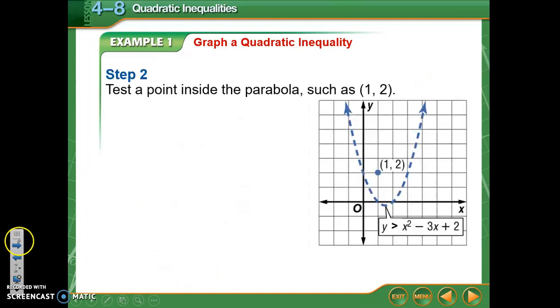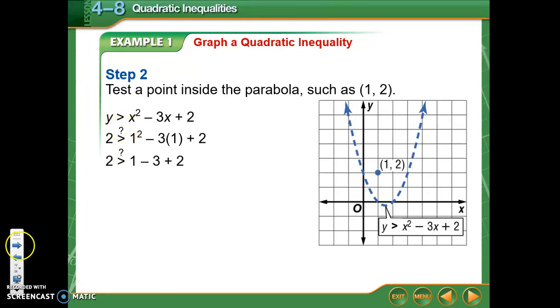After that, we test a point. Here we're testing a point inside the parabola, so if we test the point (1, 2), we put 2 in for y and 1 in for x, and we're asking ourselves, does this point make this true or not? If we simplify, we get 2 is greater than 0, which is true.